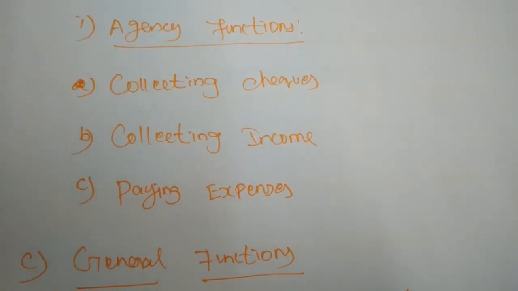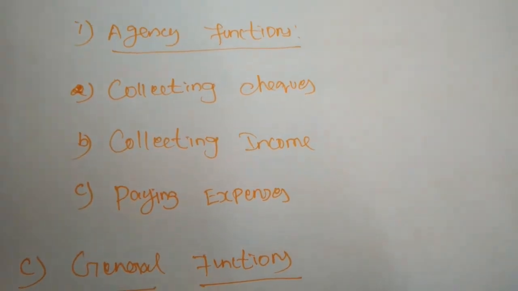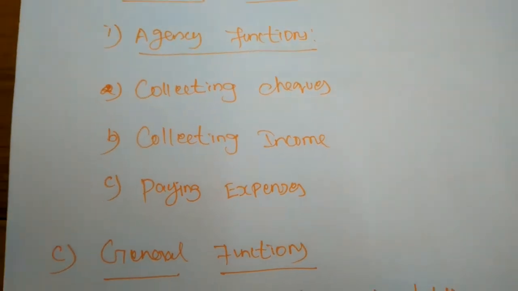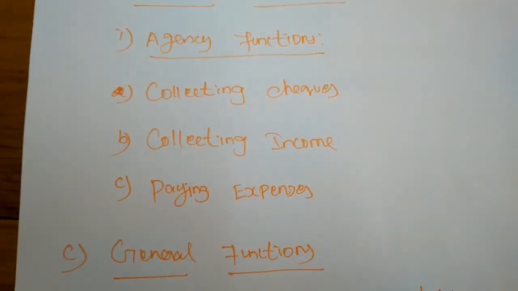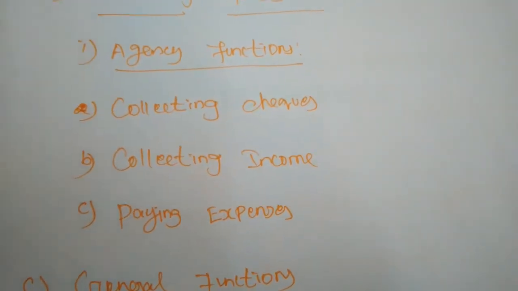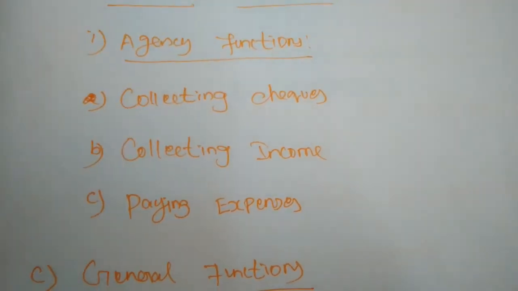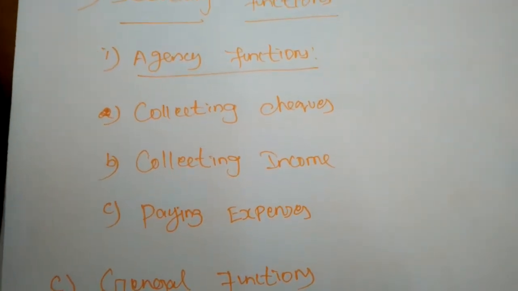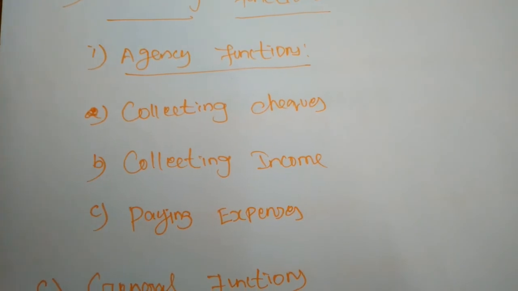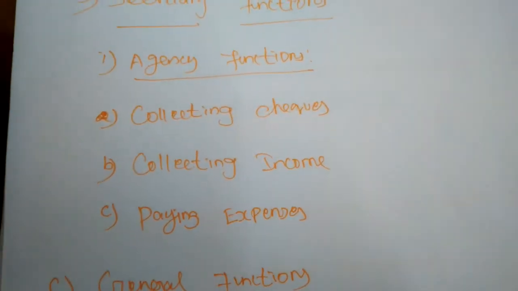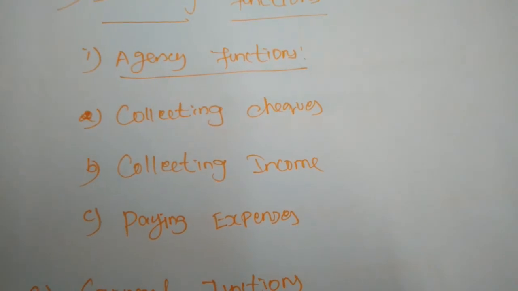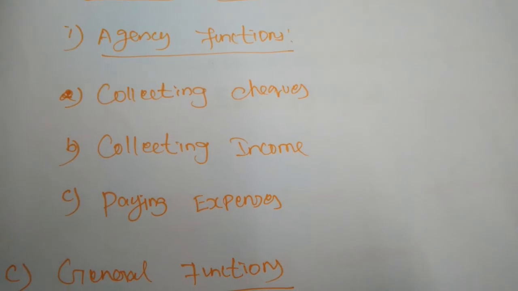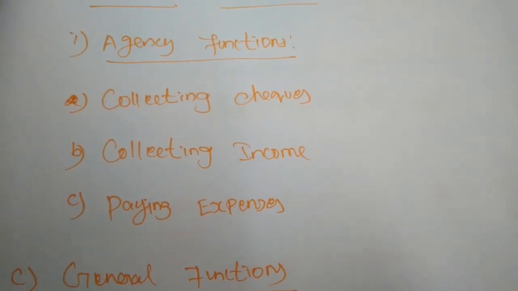For example, if we have a check of HDFC bank and in our area there is no branch of HDFC bank, we can go to another bank and change it into money. This is called the clearing house facility. Under these facilities, the commercial bank does it on behalf of the customers, and for that the commercial banks collect all the checks of those who want to change checks into money.